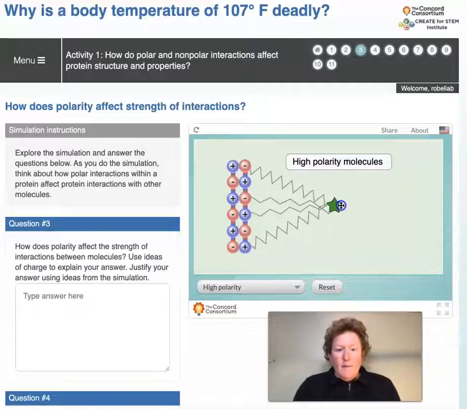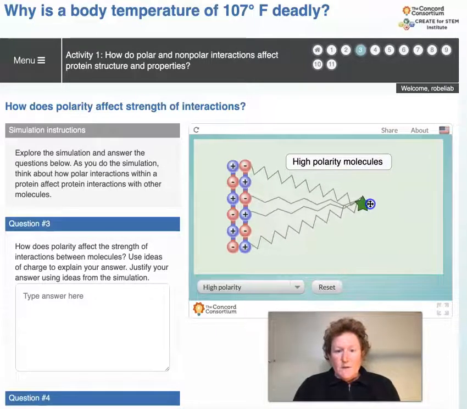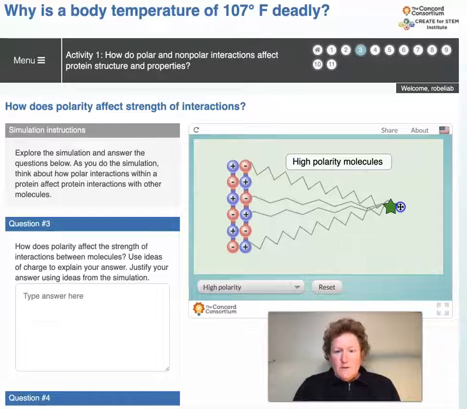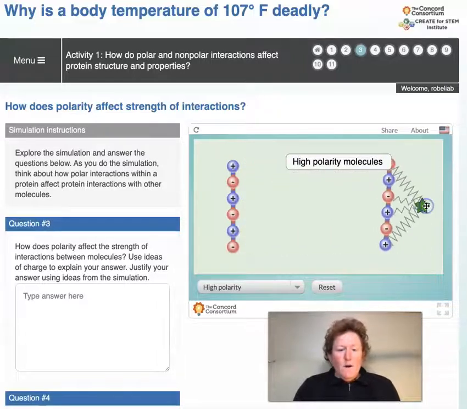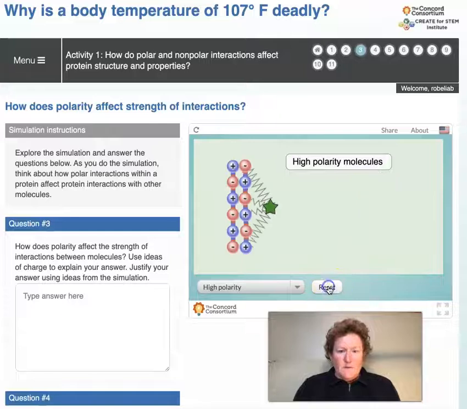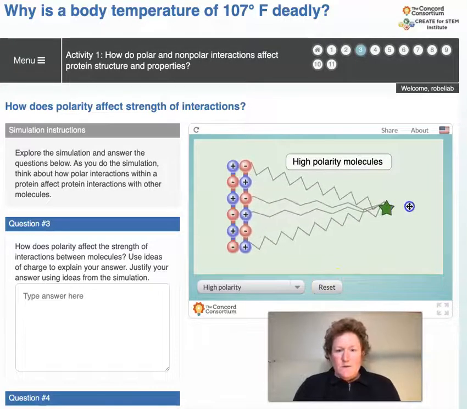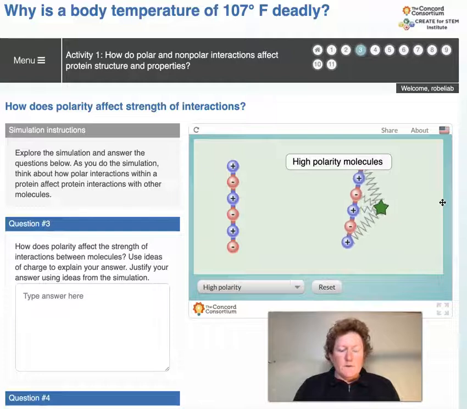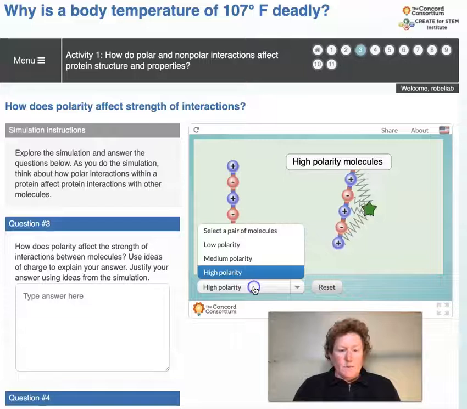Now that we have high polarity in both our molecules, we have to stretch this spring almost all the way across the screen before they come apart. Let's reset that and do it again. So I'm stretching almost all the way across the screen before they come apart. So it takes more force to pull those high polarity molecules apart.